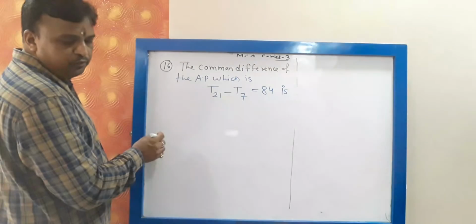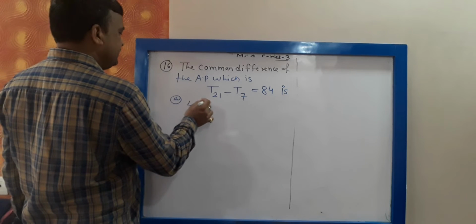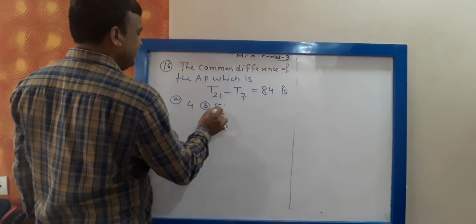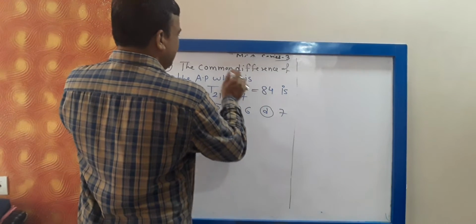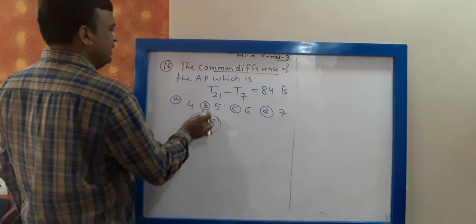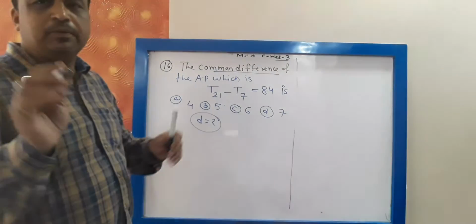Options are given: A is 4, B is 5, C is 6, D is 7. So what is the common difference? We have to find d, and you are given T21 minus T7 is 84.